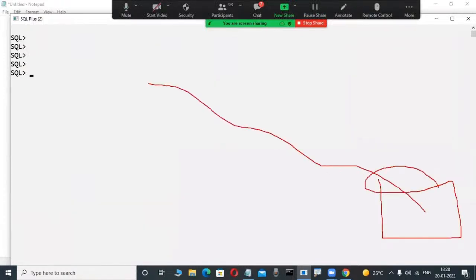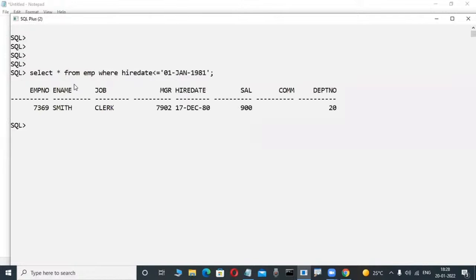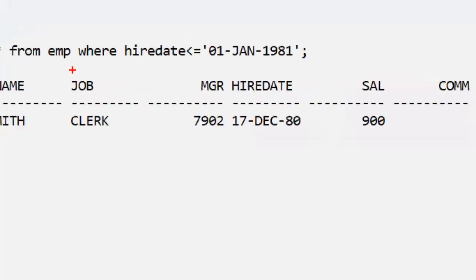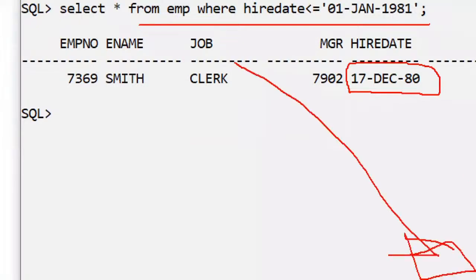How do they fetch this data? They write what are called queries. Observe here: select star from table name where hire date is less than or equal to 1st January 1981. Just by writing the query, the data is automatically displayed. With a single line of code, the employees who joined before 1981 are automatically retrieved from the database.